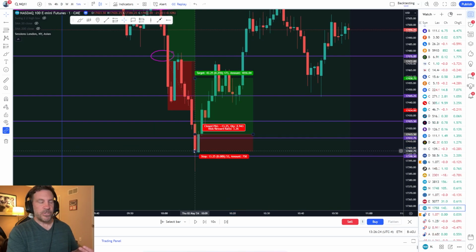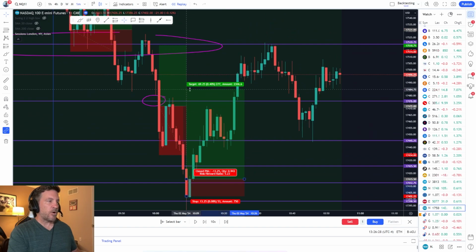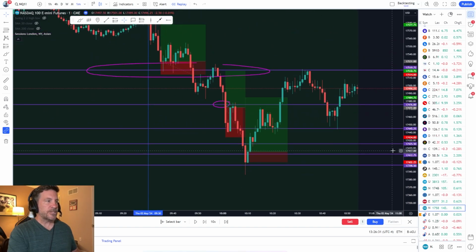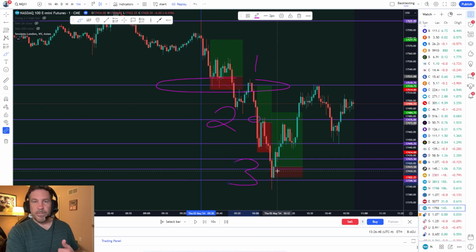Again, stops are subjective to each individual trader, but right here I was targeting a 4R on this and it got it easily. So you can see that is right there, that is one trade taken right here. This was number 2 and this was number 3. Because I won on number 3, I'm now up for the day with a net 2R.